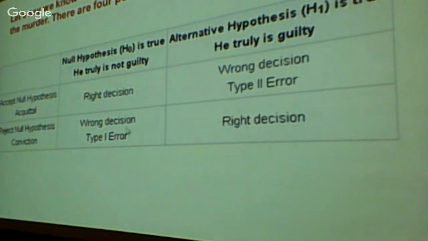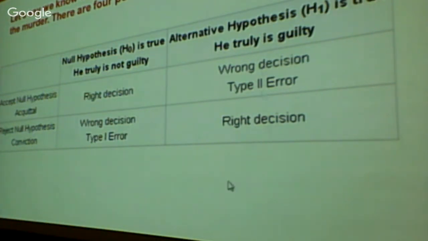But in these scenarios, the universe did not work the way it was supposed to. In this scenario here, we convicted him. We said the drug worked, but it doesn't work. He's not guilty. He didn't do the crime. And in this scenario, we say that he didn't do it, but in fact he did. In other words, in a drug trial scenario, we say that the drug actually works, but it doesn't.